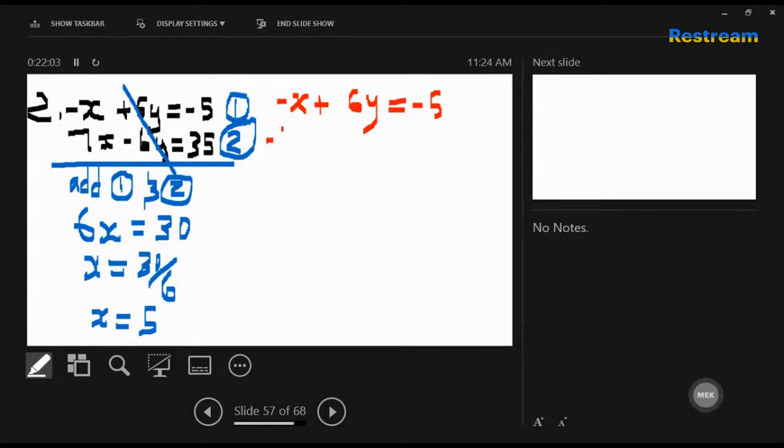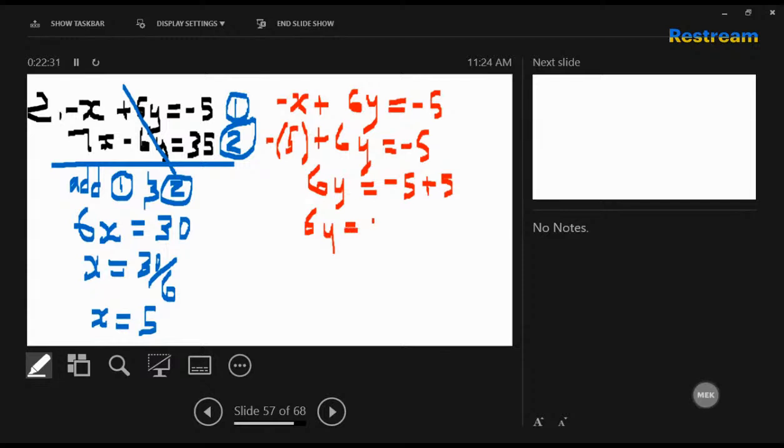So we'll have negative 5 plus 6y, so 6y is equal to negative 5 plus 5, which is 0. So if 6y is equal to 0, then y must also be 0.